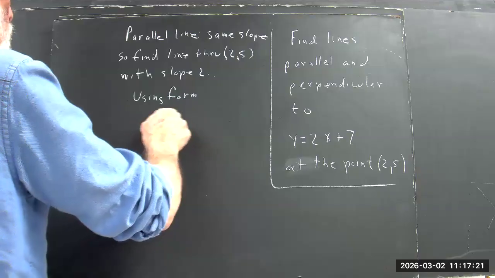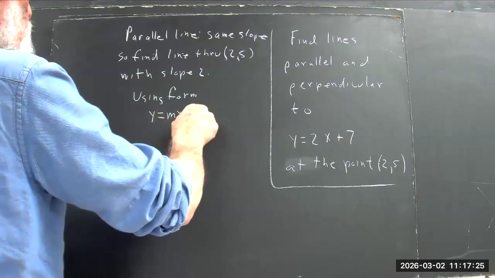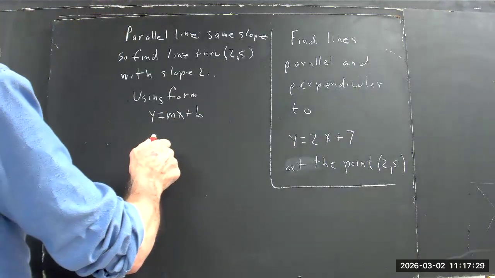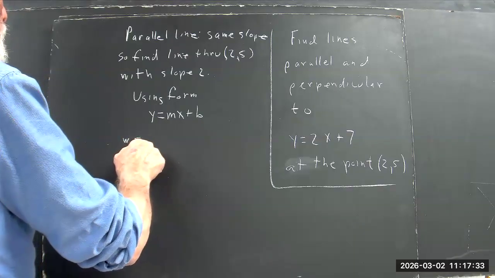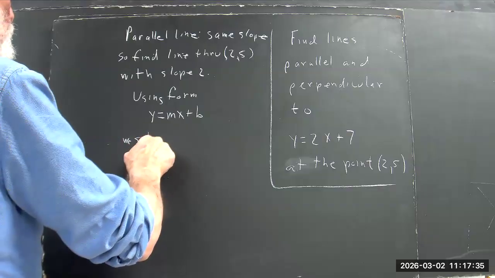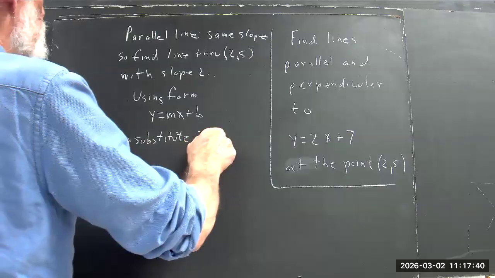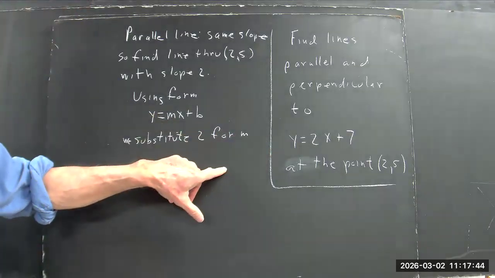Using the form y equals mx plus b, we substitute 2 for m because m is the slope.